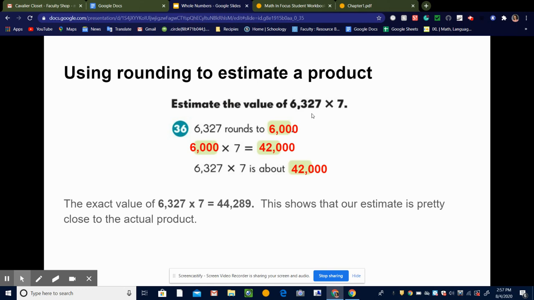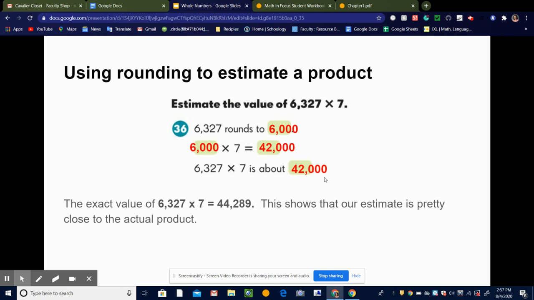Using my rounding rules, I know that that number would round to 6,000. And then I'm going to take that 6,000 and multiply it by 7. Now that I can do in my head. 6,000 times 7 is 42,000. So that means 6,327 times 7 is about 42,000.